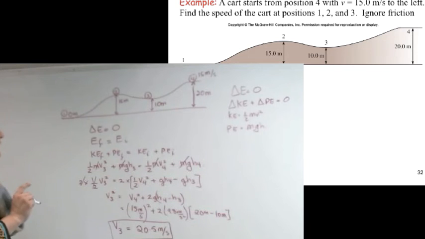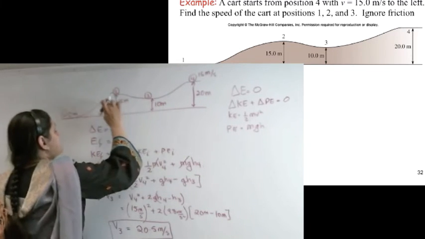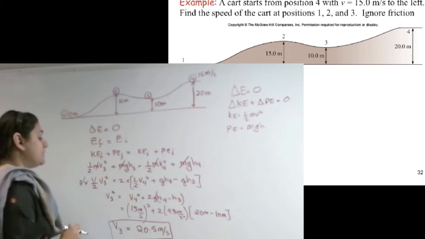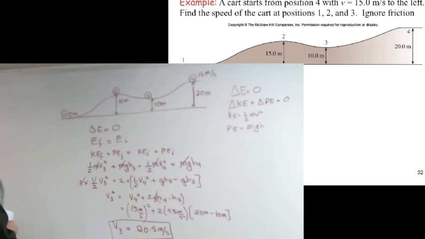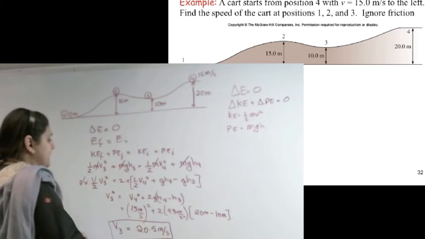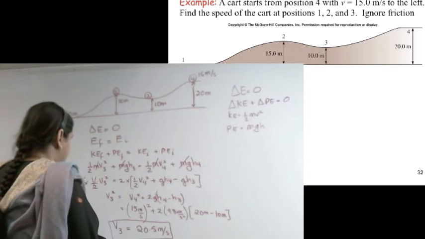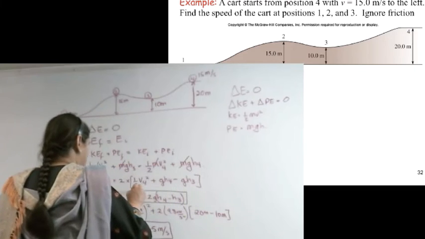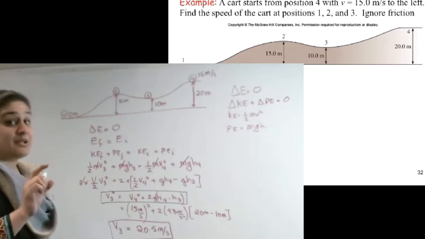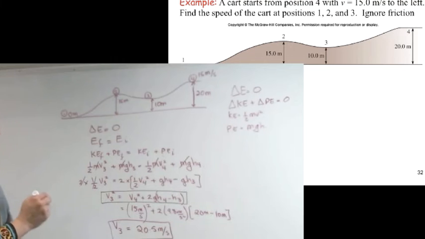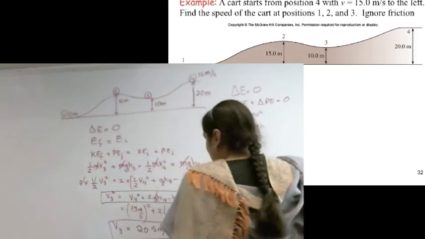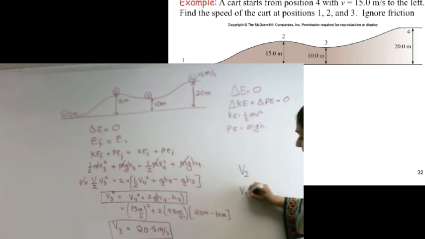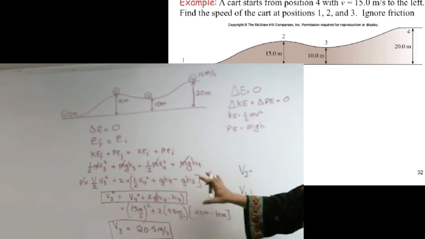Now, how will I go from point 3 to point 2? Interestingly, you could go through the whole derivation all over again, or you could be smart about it and realize that your answer is going to come out very similar to what you have. I am not going to do this for you, but I am going to give you the answers for v2 and v1 and let you try to solve it.